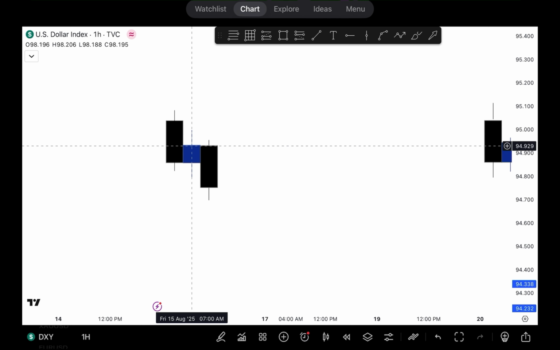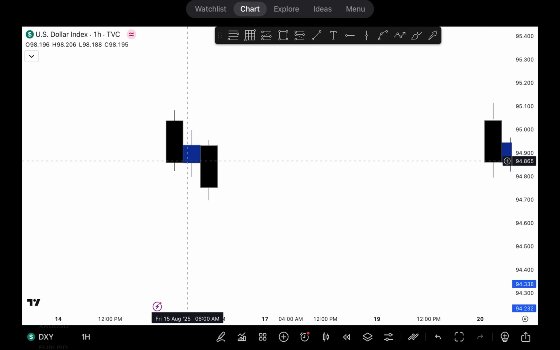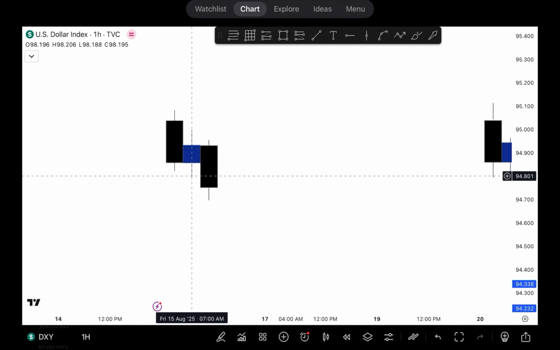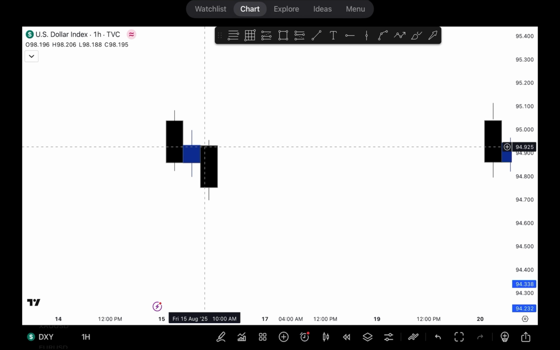In case you don't know, let me explain how this bullish candle works. Immediately this bearish candle closed below here. The next candle opened at the same price at which it closed. So price first came down here, came back to this region, went back up, came to this particular place, and then the next candle opened, right?